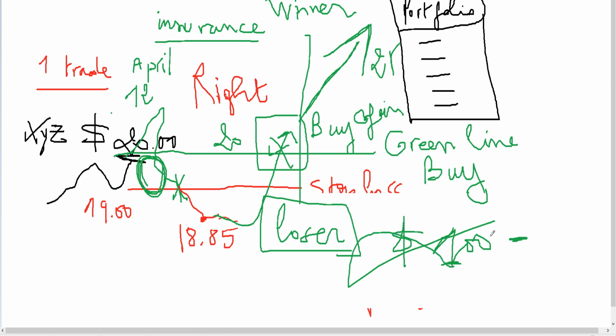Instead of 100, maybe you can make 500 or 800 or 1,000, depending on how many shares you bought and depending on your account. Okay, now here I give you an example that I exited recently, so you just check it.